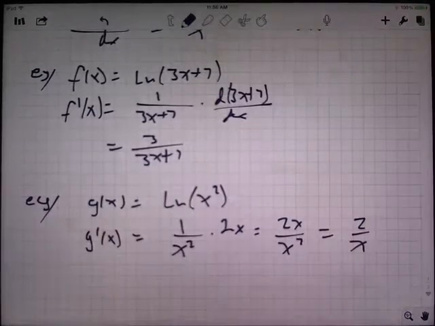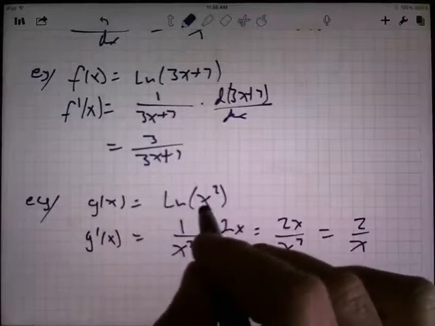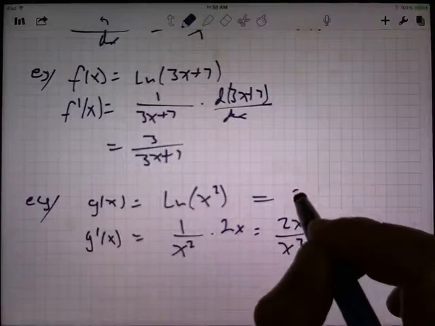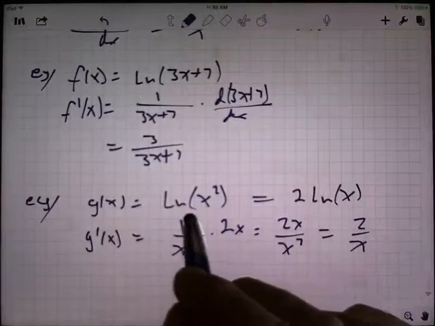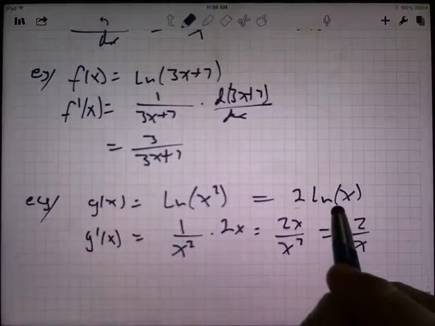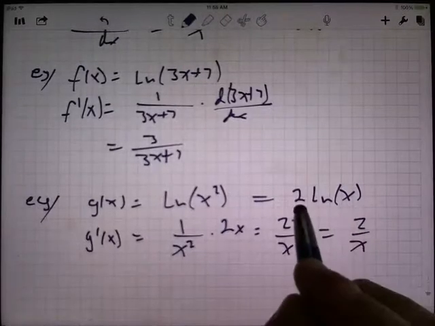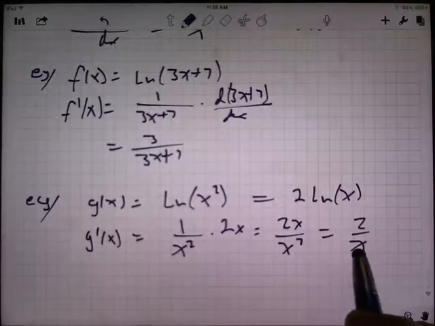But that actually makes me think that we could have done this problem a different way, because there's a property of logs that lets us take the log of x squared and turn it into 2 natural log of x. Then the derivative would be a constant times the derivative of that log, and that's exactly what this is.